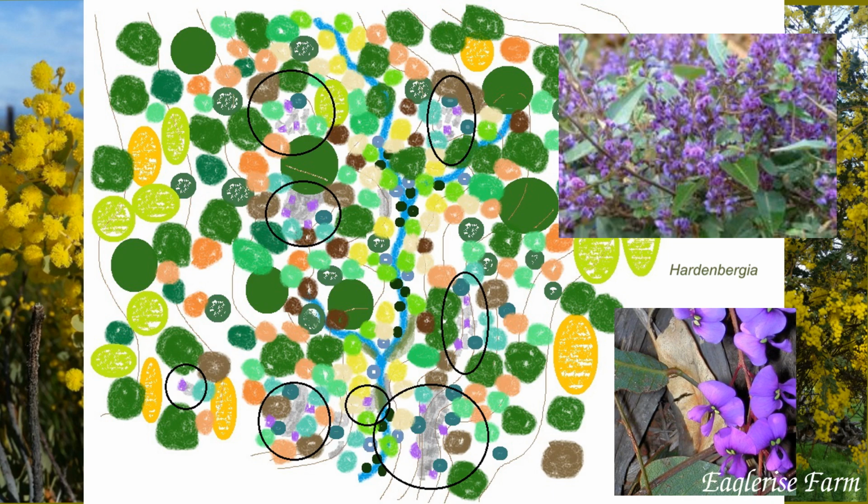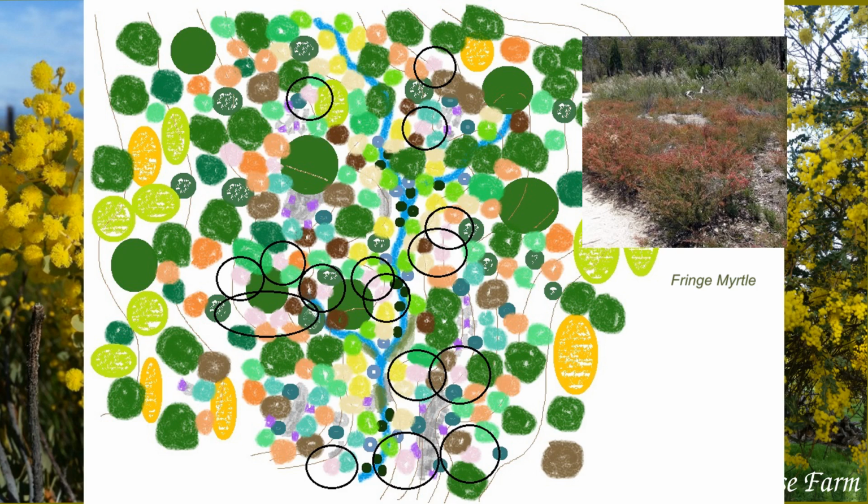It prefers the open forests and woodlands in full sun in well drained soils. So that's why we planted it around the rocky areas. It's moderately frost tolerant, and being a member of the Fabaceae family, it's a legume. It's got good flowers and seeds for the small birds again.